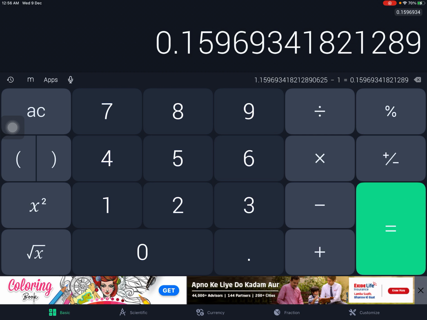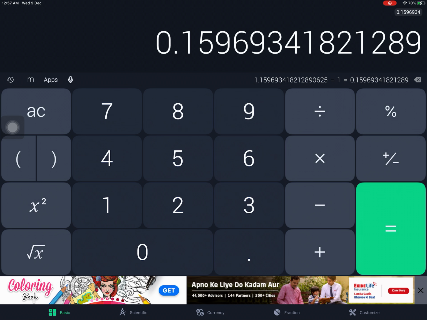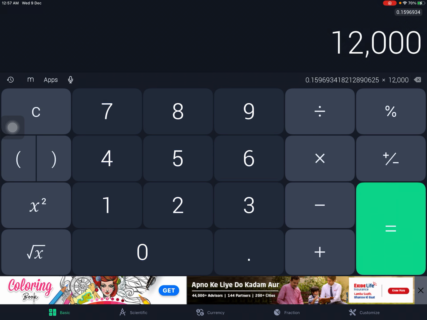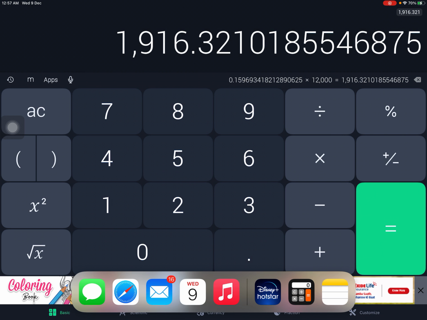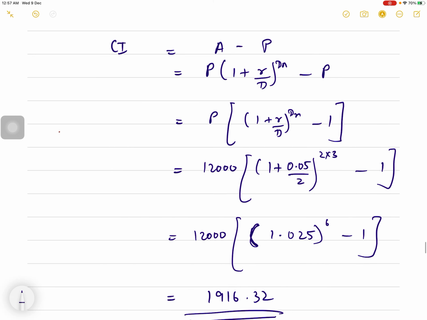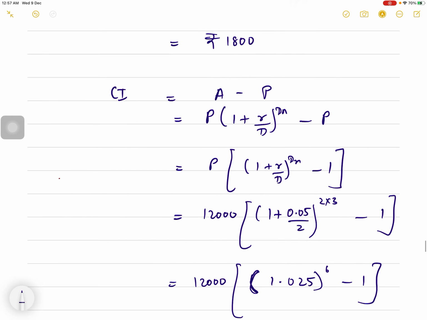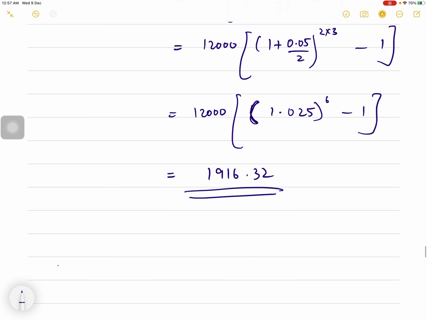You will get this multiplied by the principal. Principal is 12,000, right? Into 12,000. It comes to 1916.32. So compound interest is 1916.32 and simple interest is 1,800.